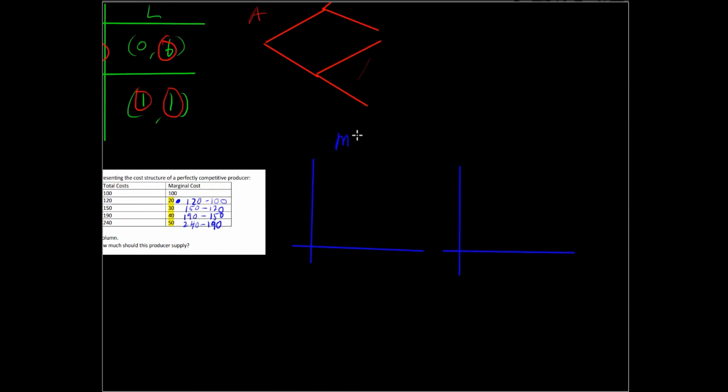So we can think about there being a market supply and demand diagram and an individual seller diagram in a perfectly competitive market. In the market, things look pretty normal, right? So let's be good and label our axes. We've got a downward sloping demand curve, an upward sloping supply curve, and this tells us the market outcome.